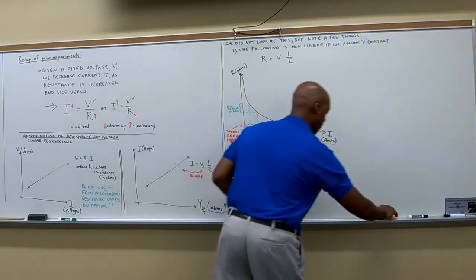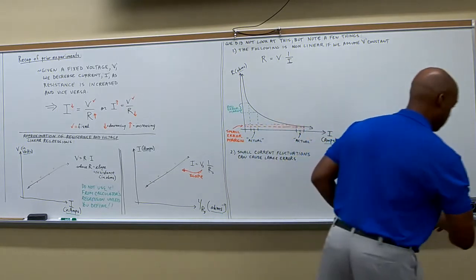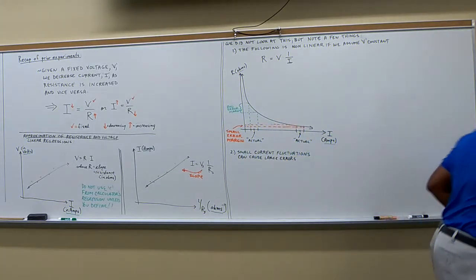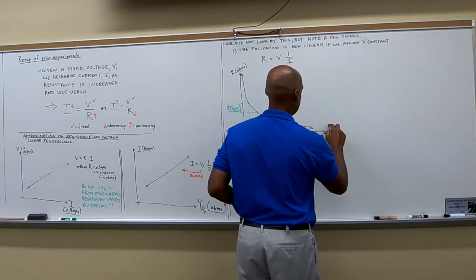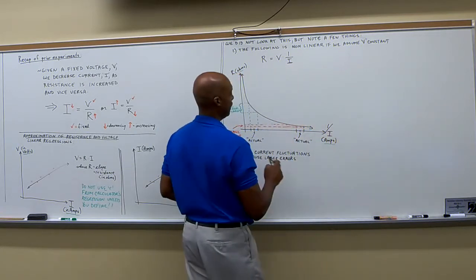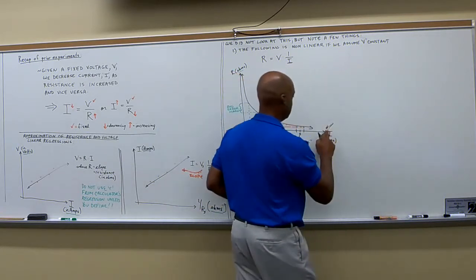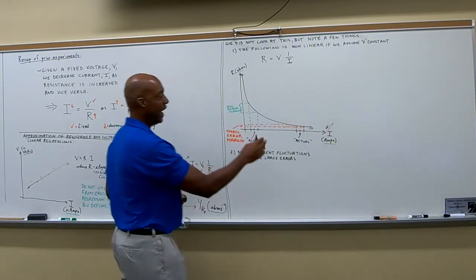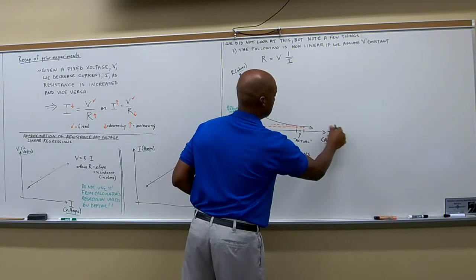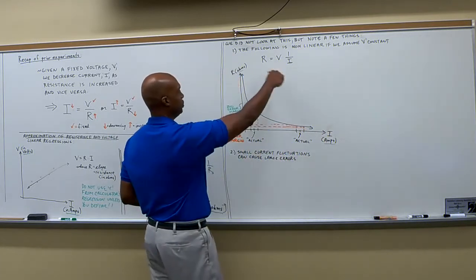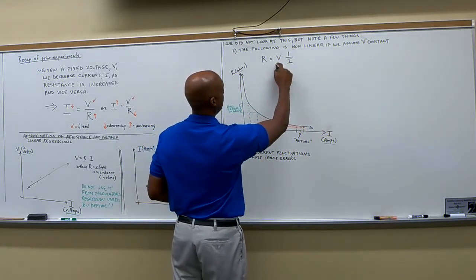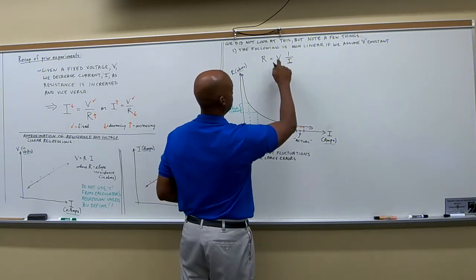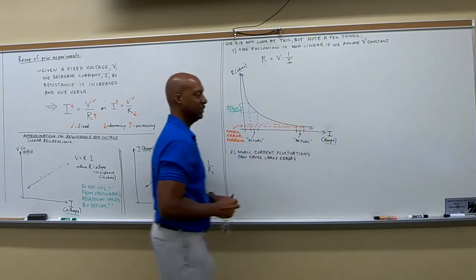that should be 1 over I, is the x-axis. So this is 1 over I. Oh, no, sorry, that's correct. So I is along the x-axis, but we're still graphing this equation, holding V fixed.